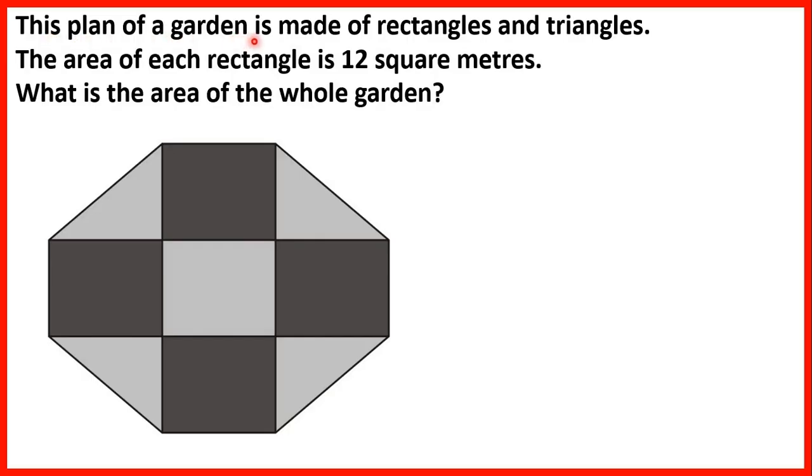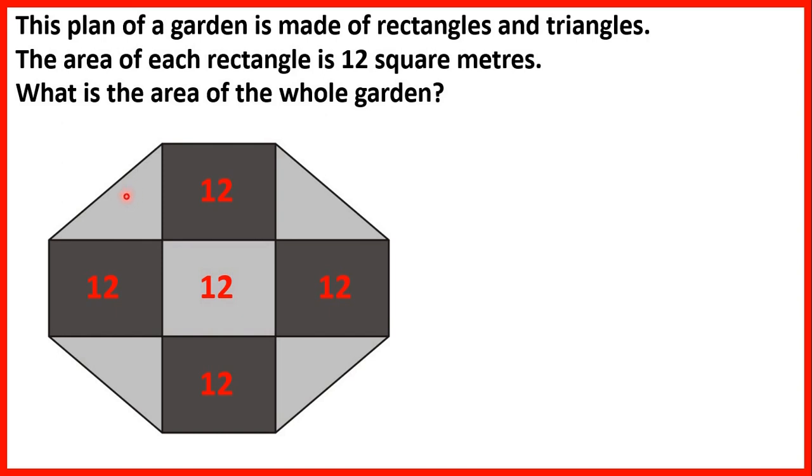This plan of a garden is made of rectangles and triangles. The area of each rectangle is 12 square meters. What is the area of the whole garden? So we know that the area of each of our rectangles is 12.